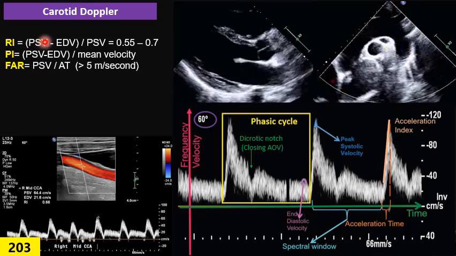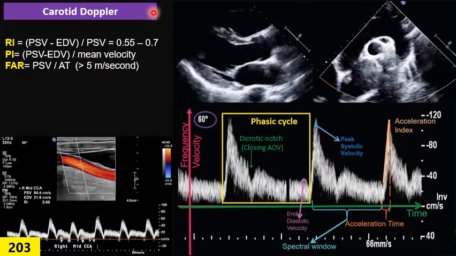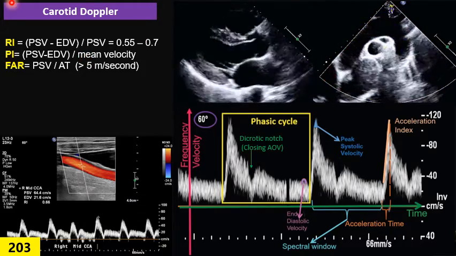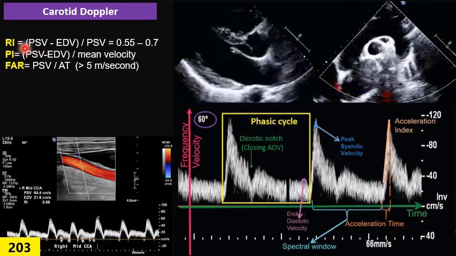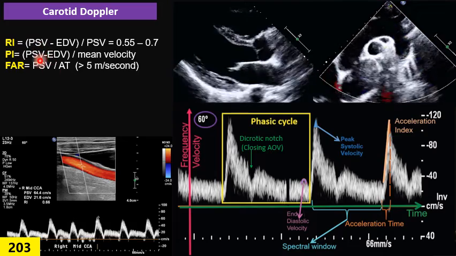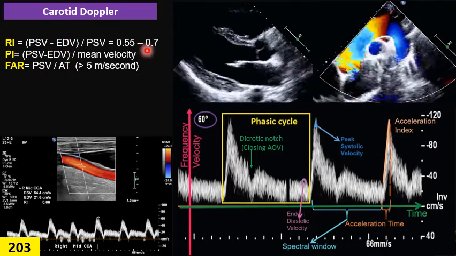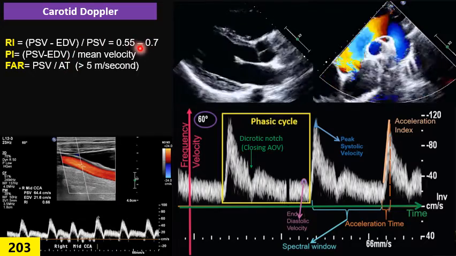The pulsatility index is calculated and represents how much elasticity the vessel has and the recoiling force it creates. It is calculated as peak systolic velocity minus end-diastolic velocity, divided by mean velocity.